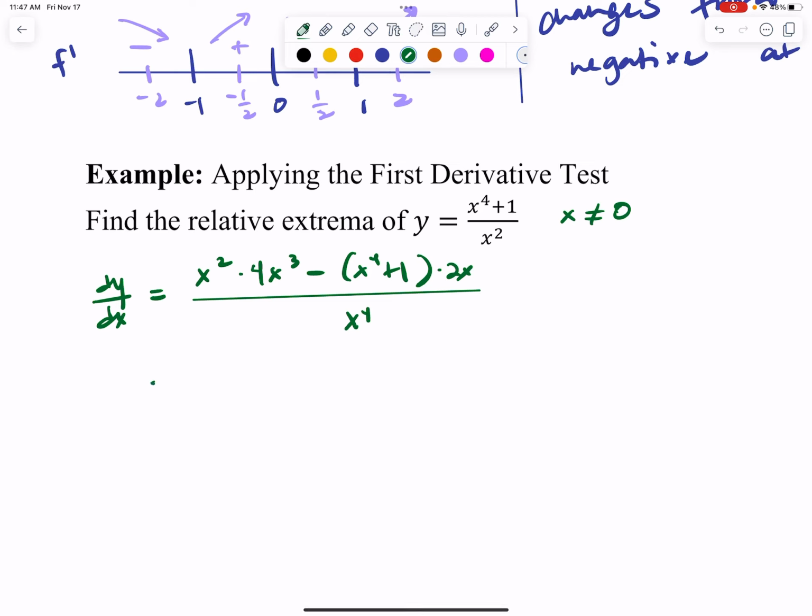For what that would simplify to, if we distribute the 2x, that would be 4x to the 5th minus 2x to the 5th minus 2x.